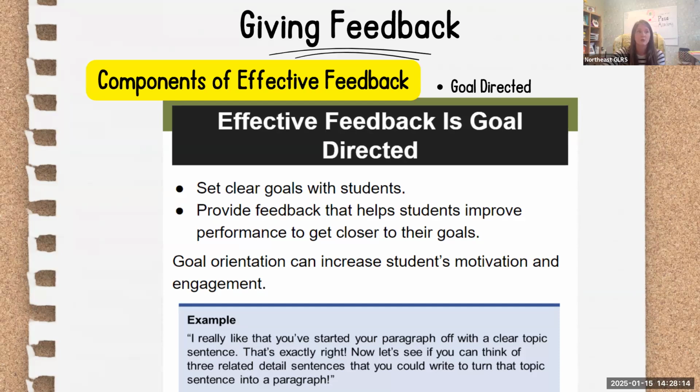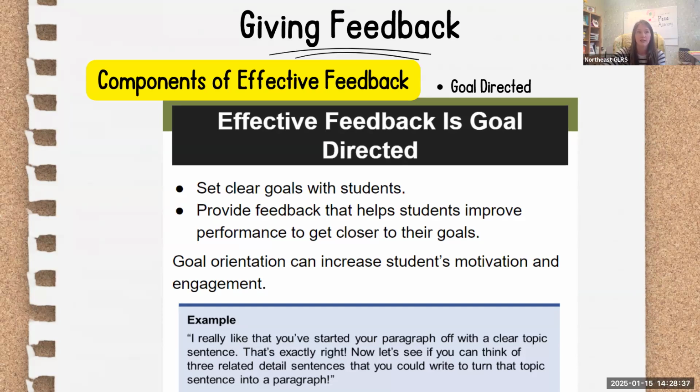goal-directed feedback, is: I really like that you've started your paragraph off with a clear topic sentence. That is exactly right. Now let's see if you can think of 3 related detailed sentences that you could write to turn that topic sentence into a paragraph. So we are giving them a goal.